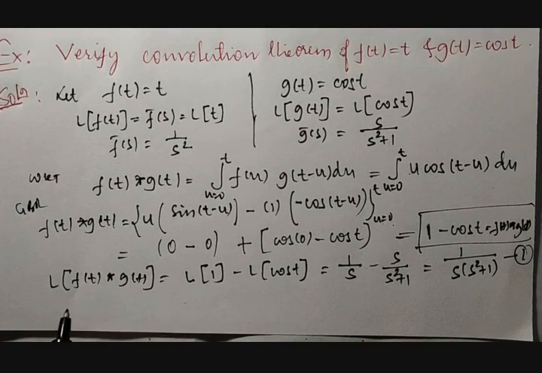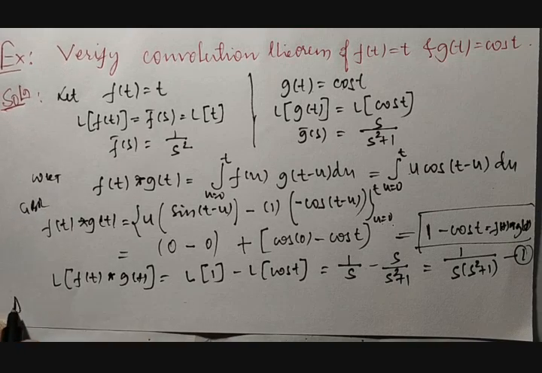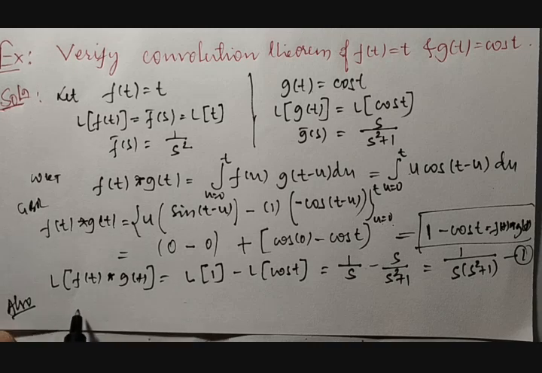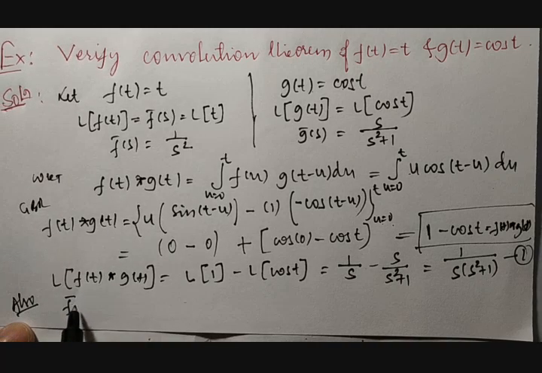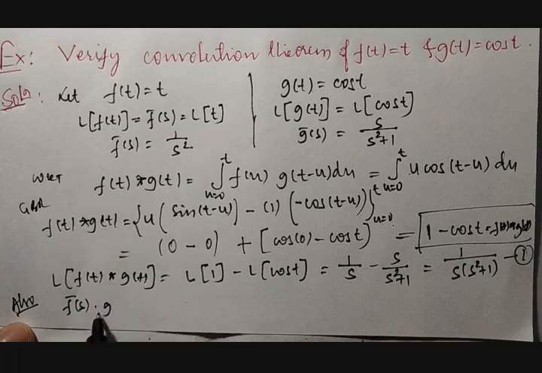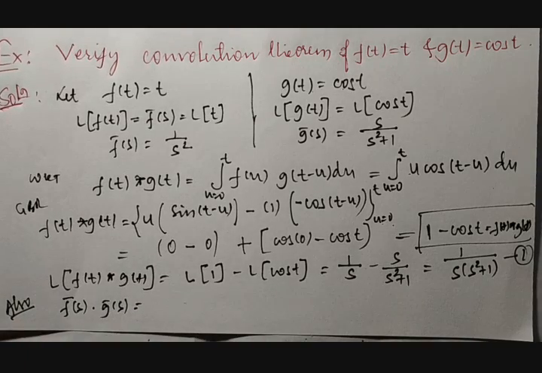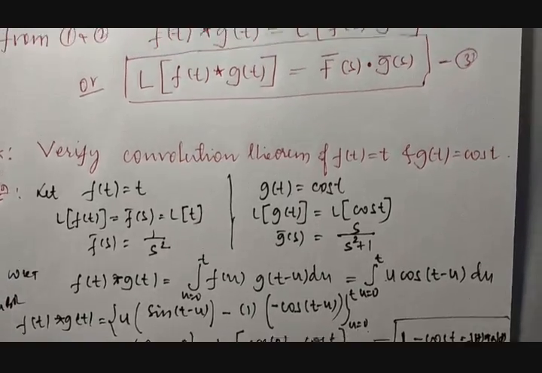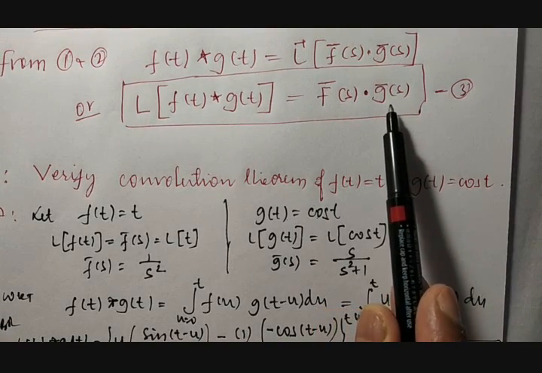Similarly, we'll take f bar of s, because we have another result, f bar of s into g bar of s. Correct? Because the Laplace transform of f of t star g of t must be equal to this. That is also verification.